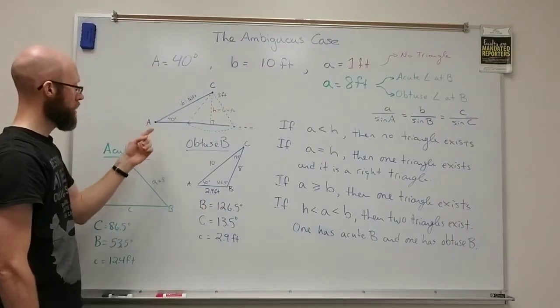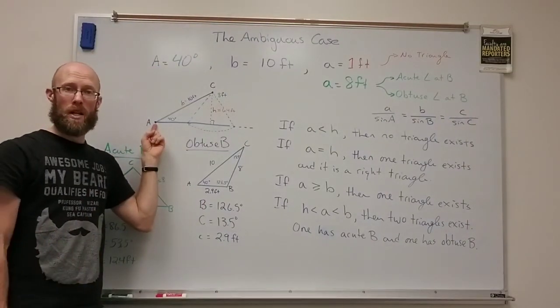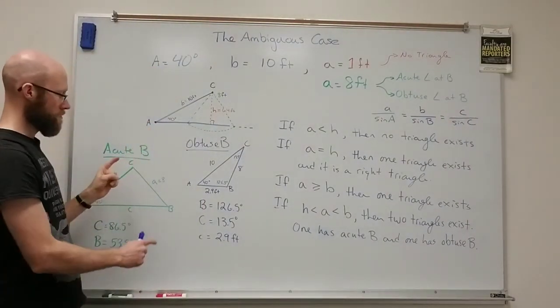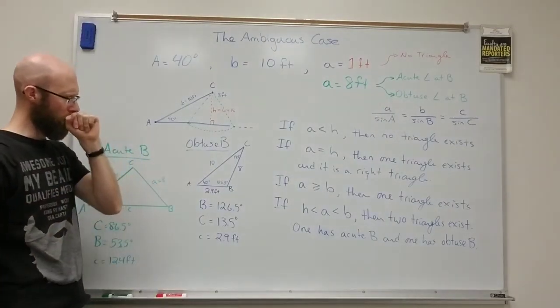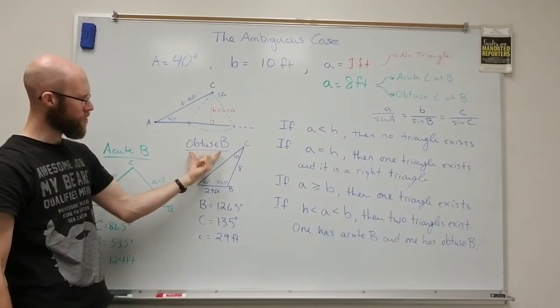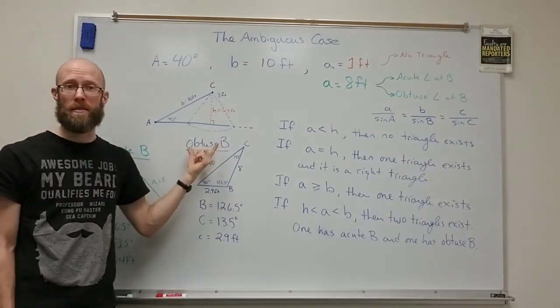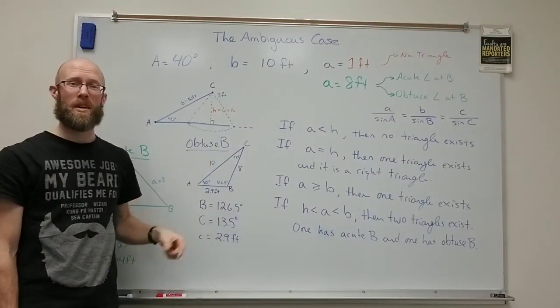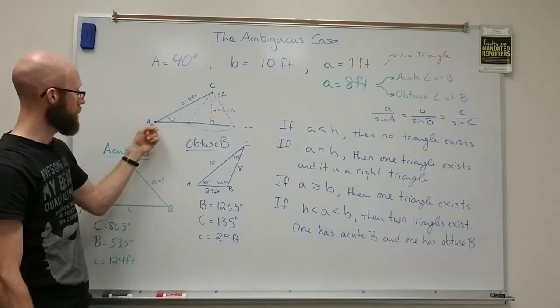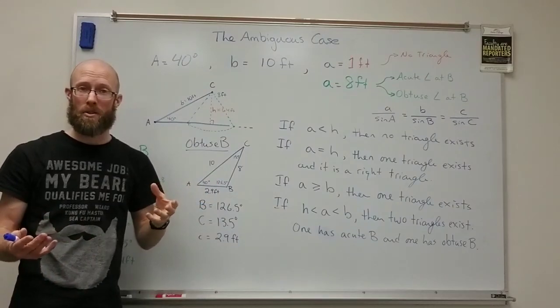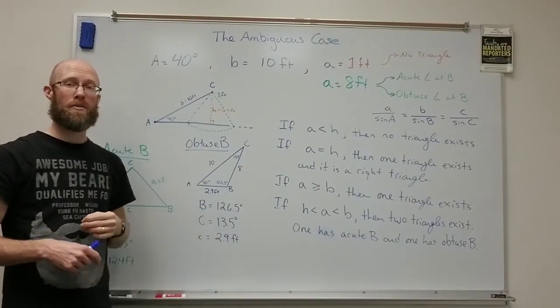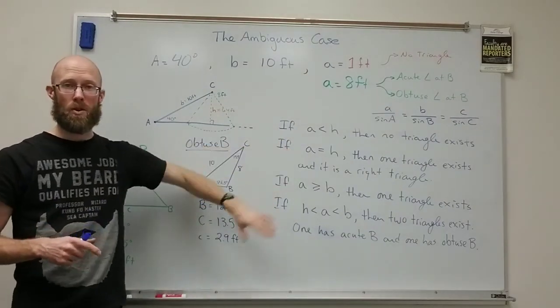If angle A was obtuse already, you couldn't have a situation with both an acute and an obtuse B, because you can't have two obtuse angles in the same triangle. So that wouldn't work out. You just have to be careful there. If angle A is obtuse to begin with, greater than 90 degrees, then you have fewer scenarios going on here.